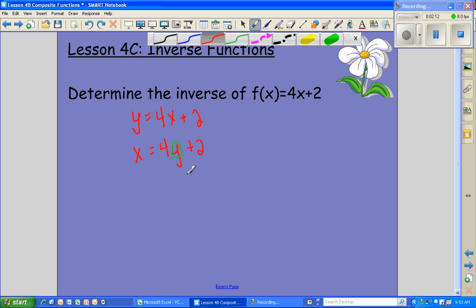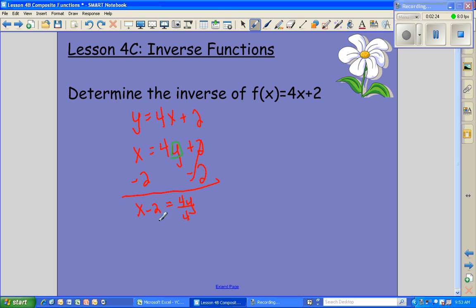Using our properties of equality, we're going to subtract 2 from each side. So then we get x minus 2 is equal to 4y. Divide each side by 4. You're going to get x minus 2 over 4 is equal to y. And then your final step is to rename that new y as the inverse of f. So the inverse would be x minus 2 over 4. And that's what we're looking for.